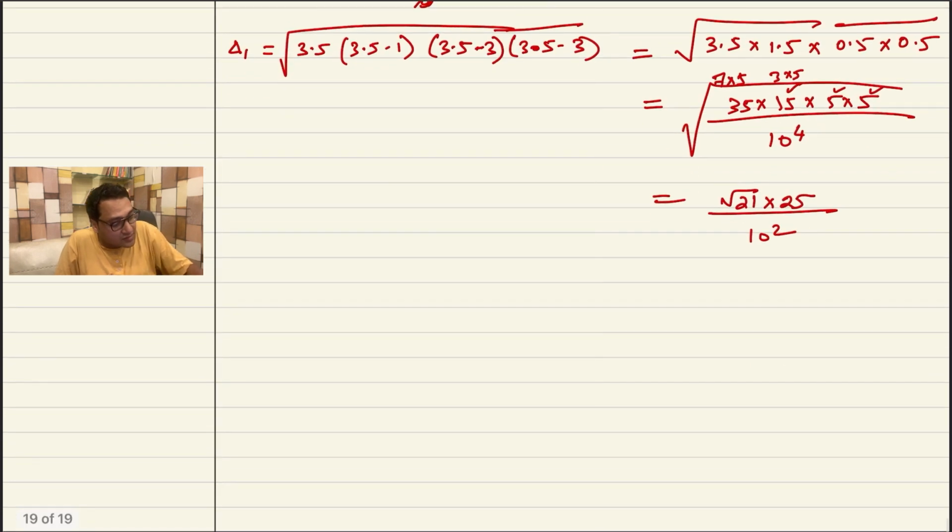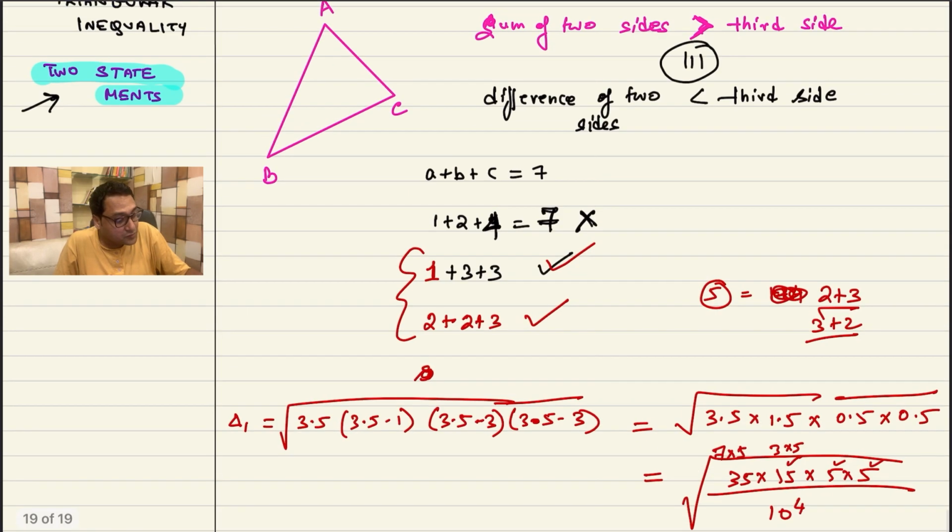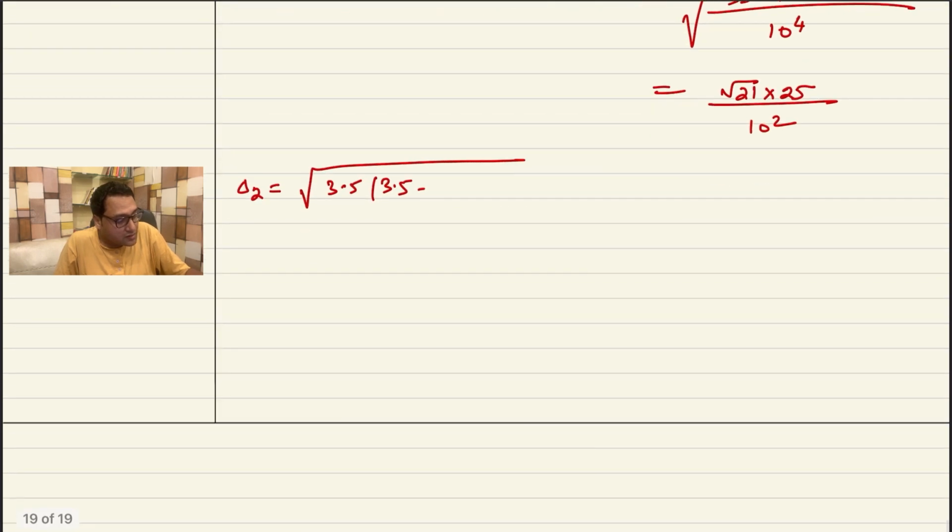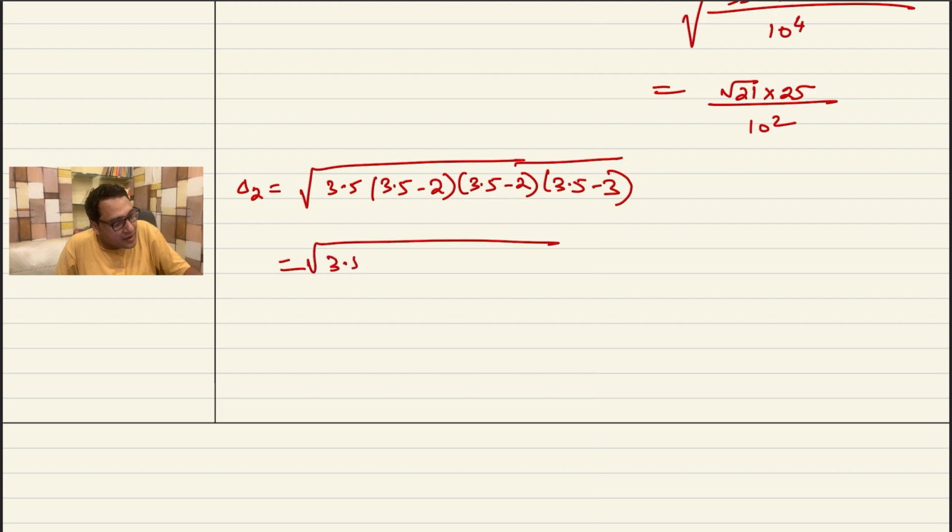So what is the other triangle's area? Delta 2 is the square root of 3.5 again, times (3.5 minus 2), (3.5 minus 2), (3.5 minus 3). So the square root of 3.5 times 1.5 times 1.5 times 0.5.